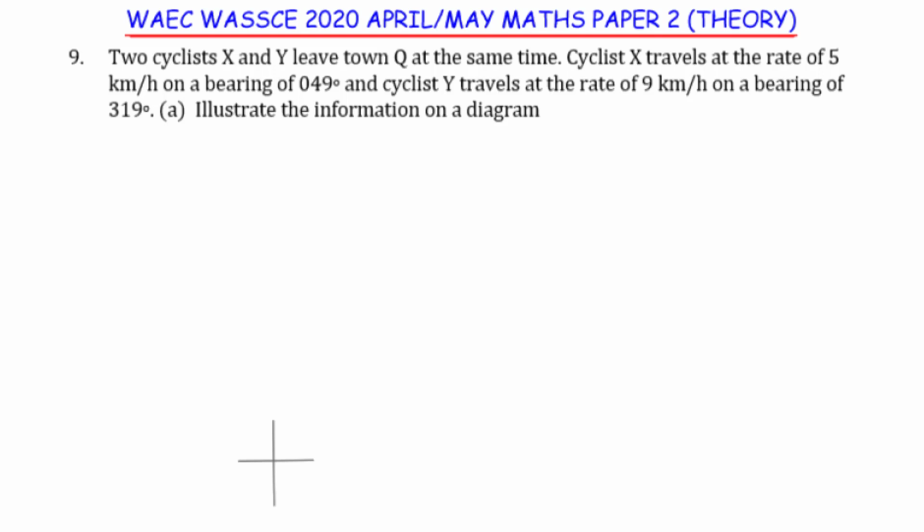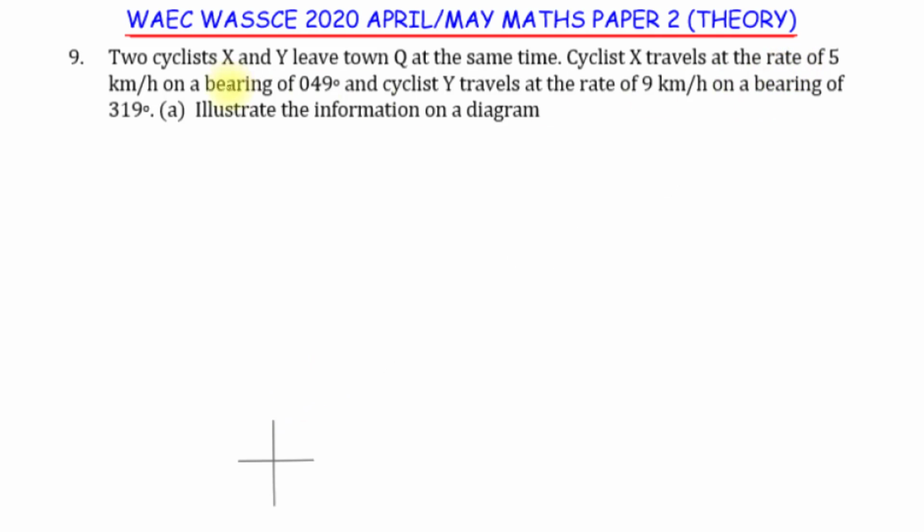In the first case, we are told that cyclist X travels at a rate of 5 km per hour on a bearing of 049 degrees, and cyclist Y travels at 9 km per hour on a bearing of 319 degrees.